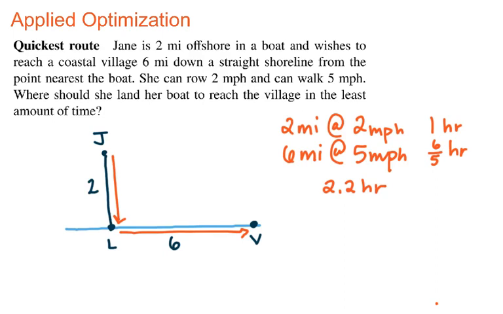Also, Jane could row directly along this hypotenuse to the village. And we can determine the length of that hypotenuse using the Pythagorean theorem. And that would be the square root of the sum of the squares of both sides. So 2 squared plus 6 squared, which is 4 plus 36, square root of 40.